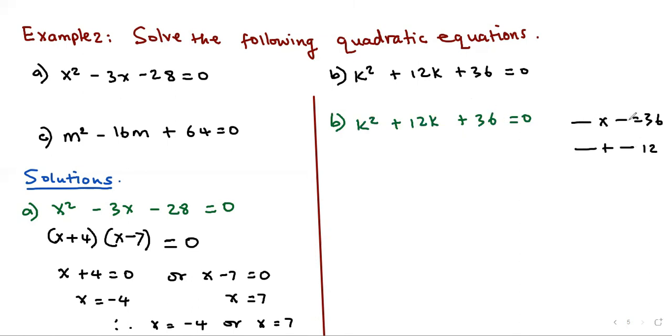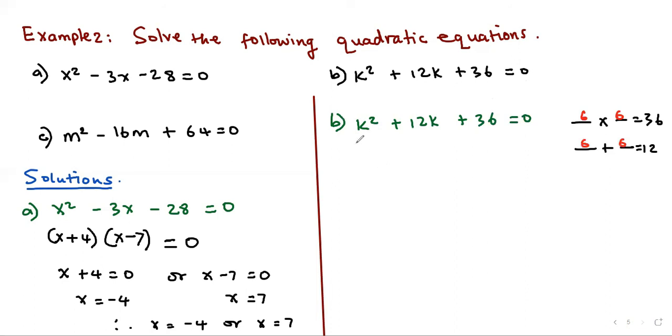A number times a number equals 36, a number plus a number equals 12. 6, teacher. Oh, very good. 6 and 6, right? Yes. Okay, so 6 times 6 is 36, and 6 plus 6 is 12.